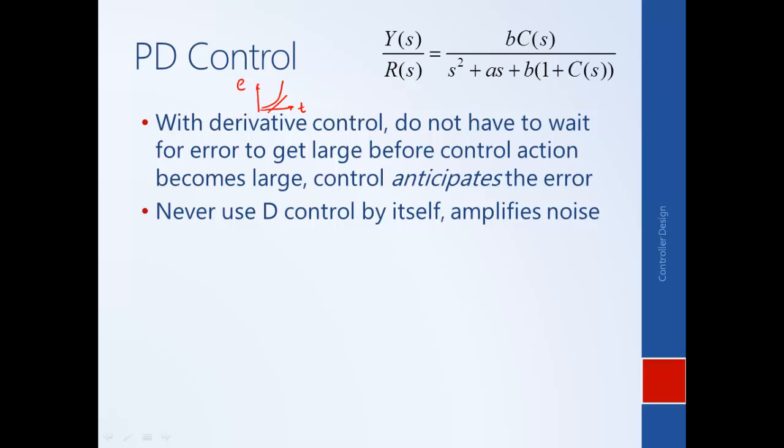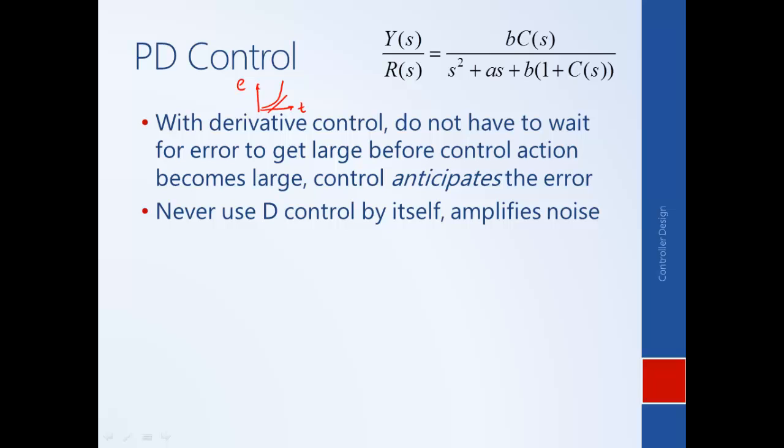Something that we've discussed previously is the fact that differentiation can amplify noise. We discussed this when we talked about signal processing and we were doing numerical differentiation of a noisy signal. This fact means that we should never use D control by itself.